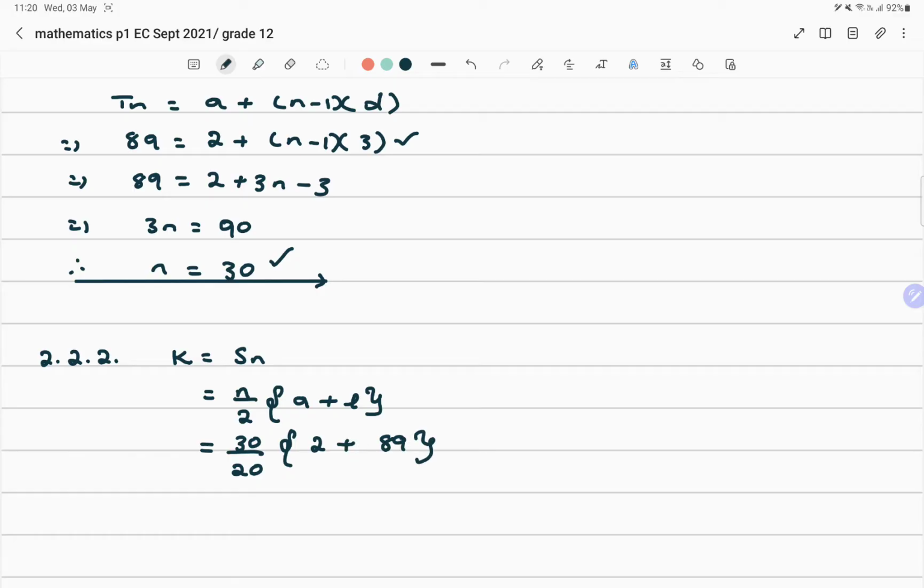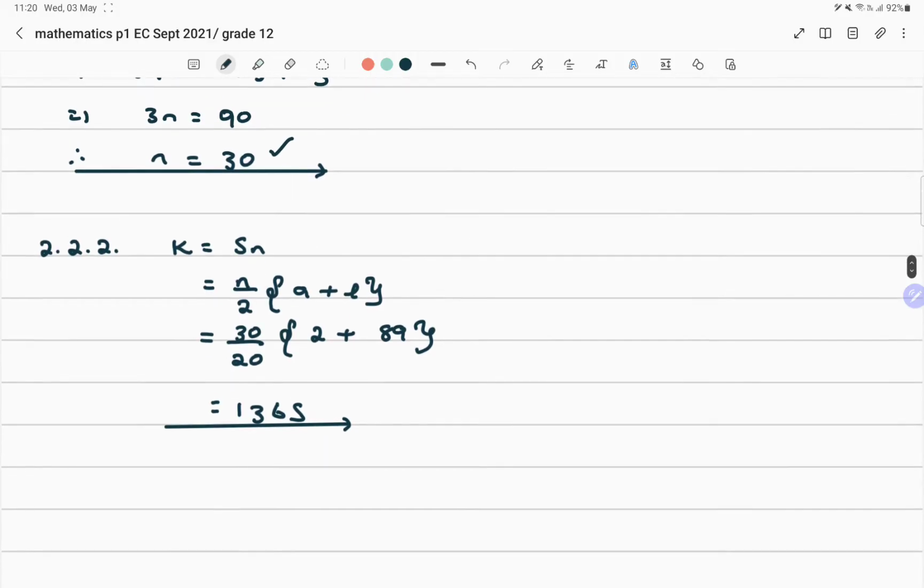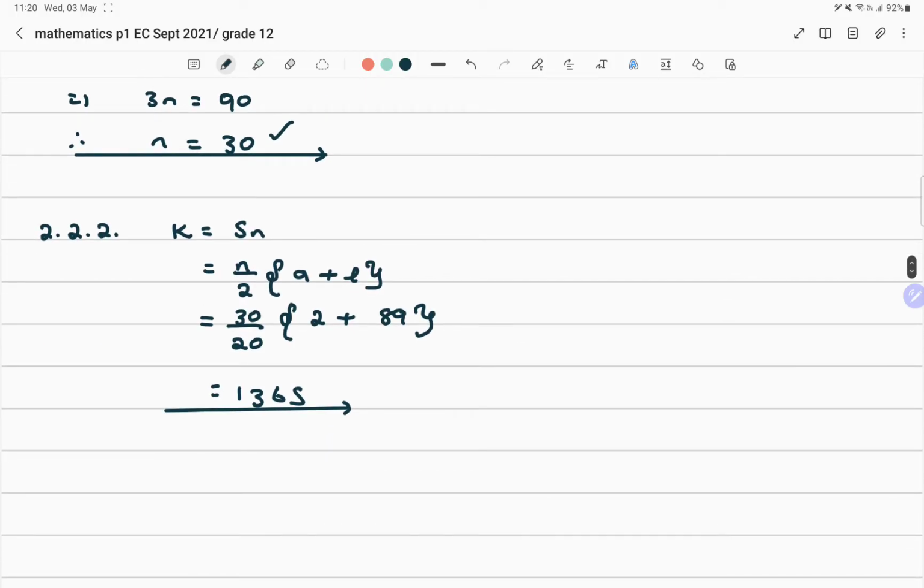When it's that easy, don't sweat. So we've got 15 into 2 plus 89. I'm getting 1365. Great stuff, so that is easy. Again, 3 marks. Not a problem.